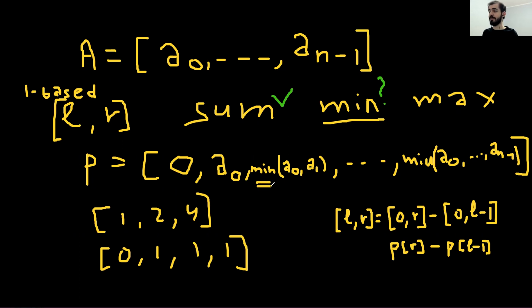Minimum discards part of information. Sum also discards part of information, but because we have a lot of them, we can restore it. But here we can't. If somebody asks us what is the minimum on this subsegment, which corresponds to 3 in 1-based indices, using this approach, we will happily answer, oh, it's 1 minus 1, it's 0, right?